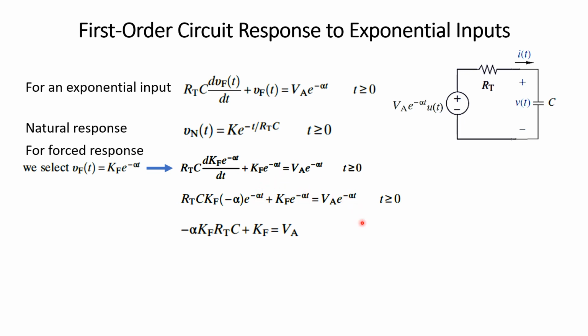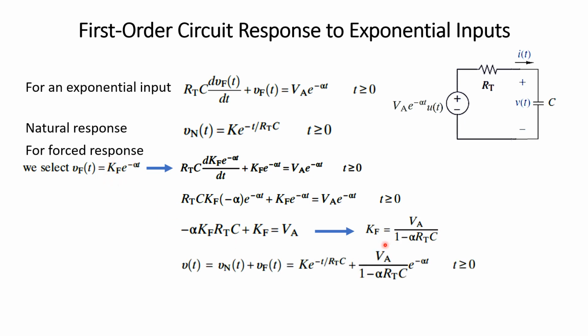So this term is cancelled on both sides, leaving this. And this equation gives us kf. So if we find kf, then our forced response is final.